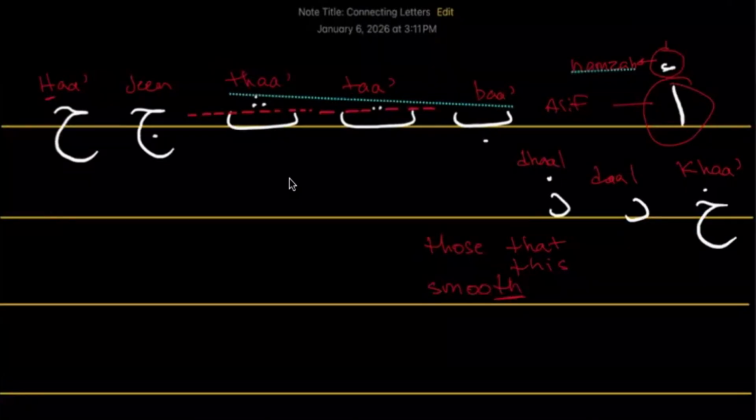This TH sound here. Instead of writing it as TH, we're writing it as DH because we use TH for the other letter. So DH for thal. Most important is to know the Arabic letter, not how we spell it in English transcription.